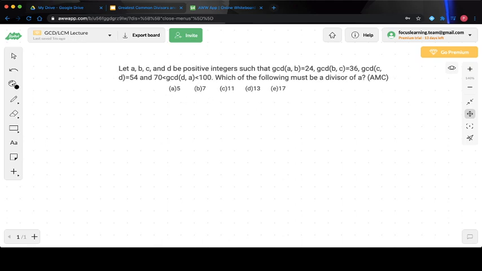Okay, for the next problem, it's from the AMC competition. If you have any ideas, you can again just send them in the chat.